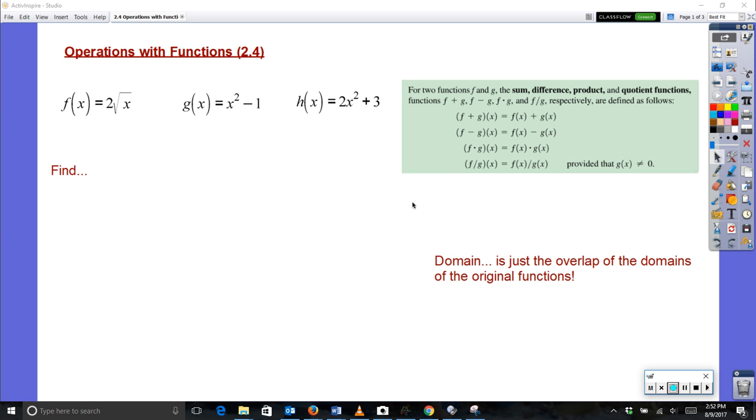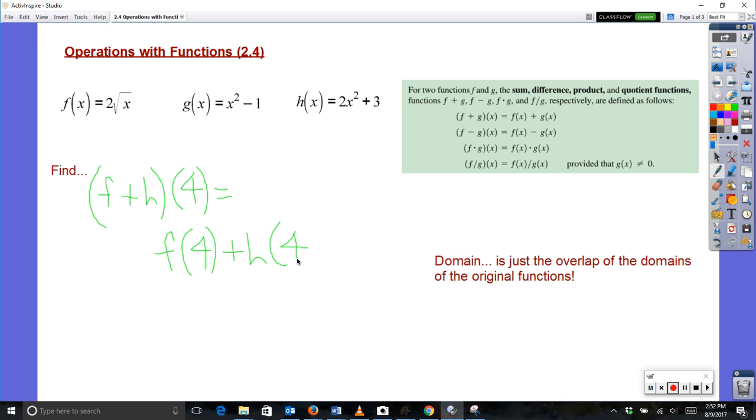And we can do some of this work numerically. So for example, we can say f plus h of 4. So what that means is take f of 4 plus h of 4.